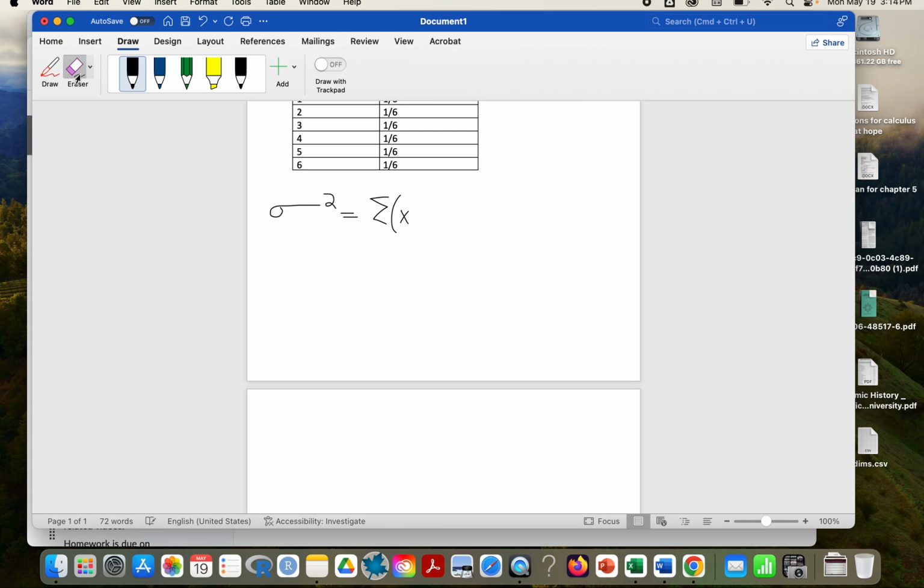Each data point, but each data point is each random variable, and then we are going to subtract the mean, and then we are going to square that, sorry, and then we're going to multiply it by the probability of that data point. And the relationship between the variance and standard deviation is when we take the square root of this thing, then what we get.